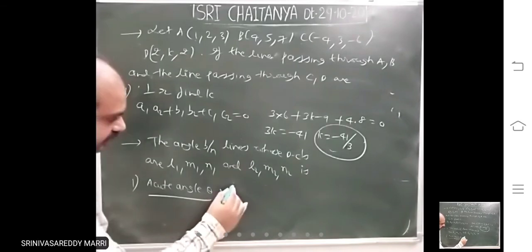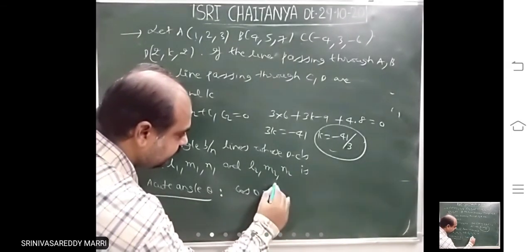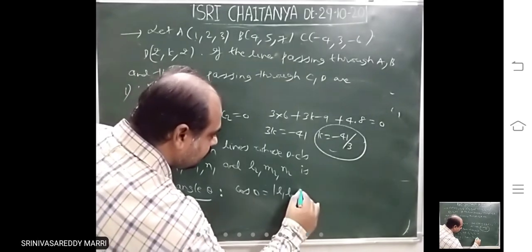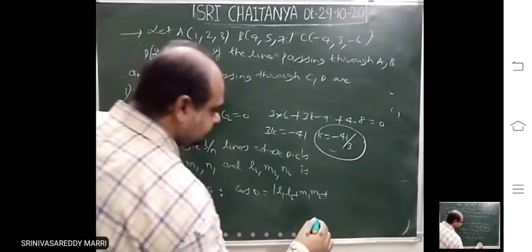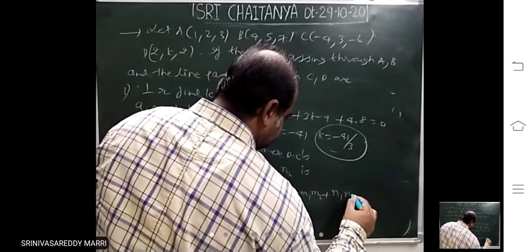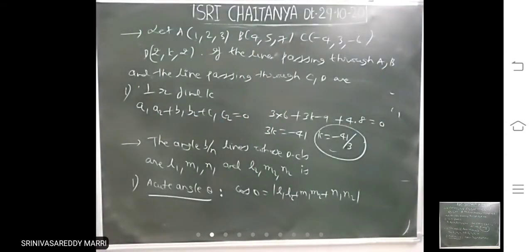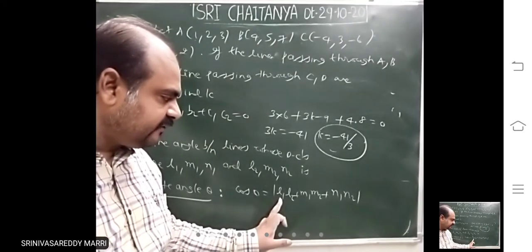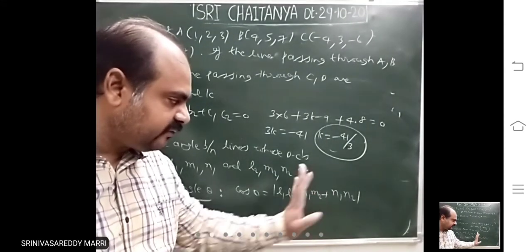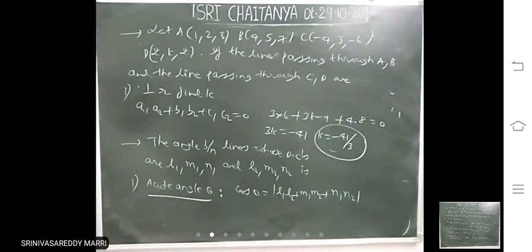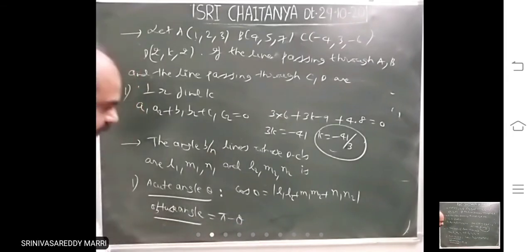Acute angle theta can be calculated using this formula. In the denominator there won't be anything; the numerator is modulus of L1 L2 plus M1 M2 plus N1 N2, that's all. If the acute angle is theta, the obtuse angle is pi minus theta. If DCs are given, this is the formula.